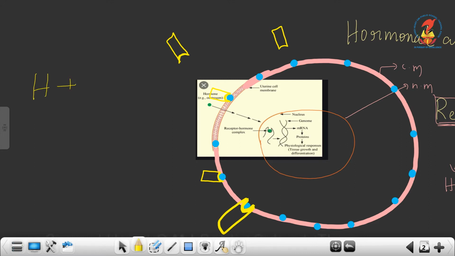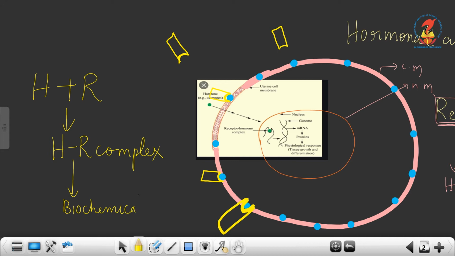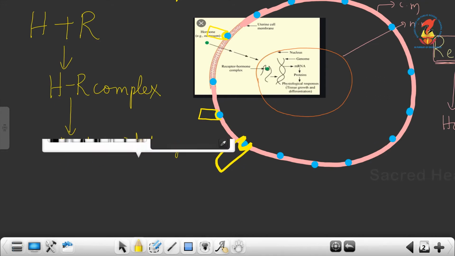The hormones bind to the receptors to form a complex, and the name of the complex is hormone receptor complex. And when this complex is formed, what happens? Biochemical changes occur in the cell, and these biochemical changes in the cell result in cellular metabolism.